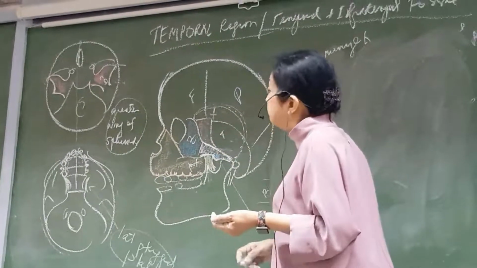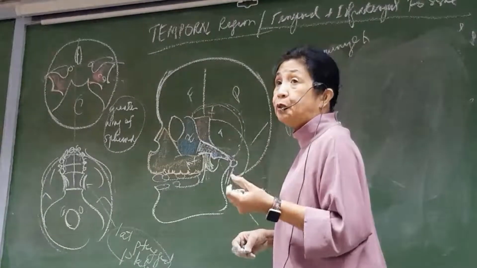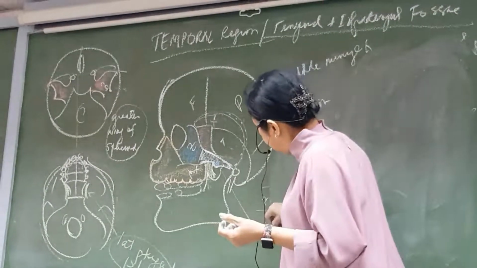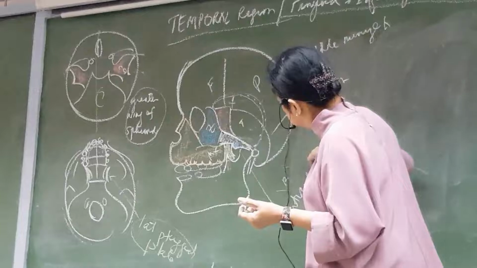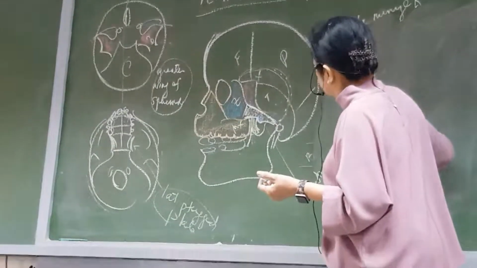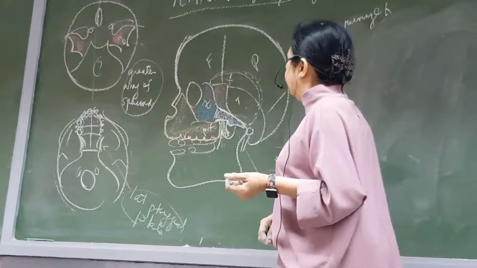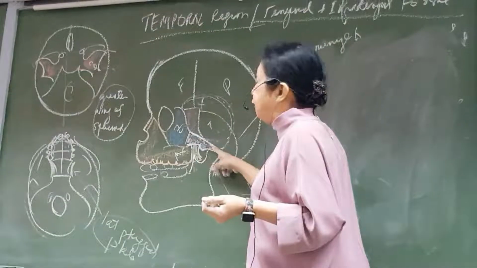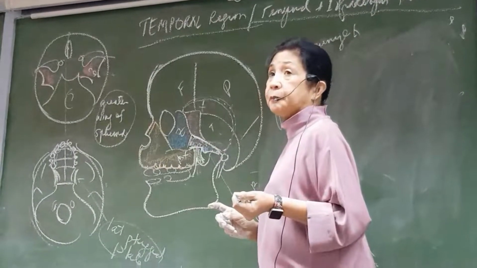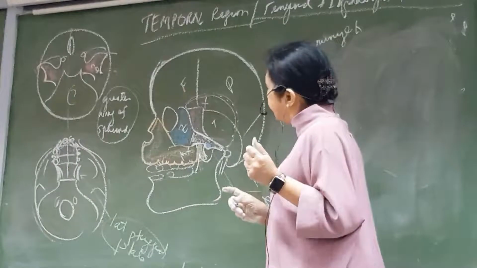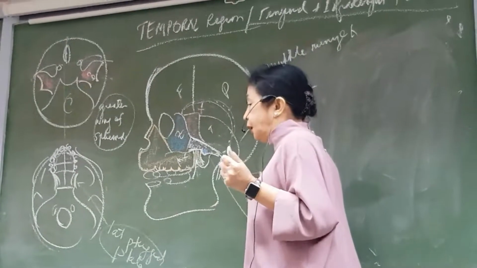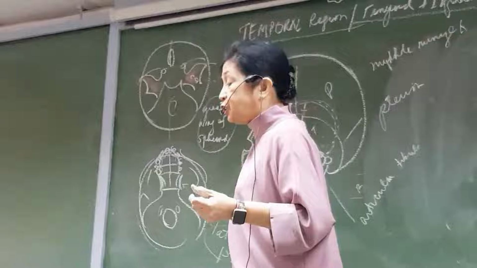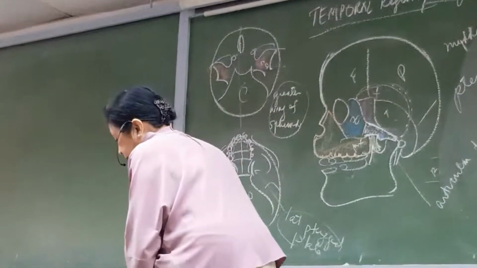And this is an important part of the TMJ, the temporomandibular joint. Articular eminence or tubercle. So when the temporal fossa is outside, this is its inferior boundary.